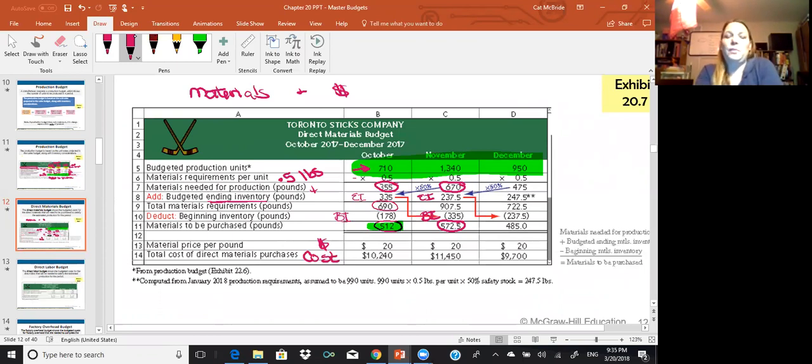Okay, now let me ask you something to see if you understand how this works. If our sales are higher in December than they are in November, why is our cost higher in November than it is in December?